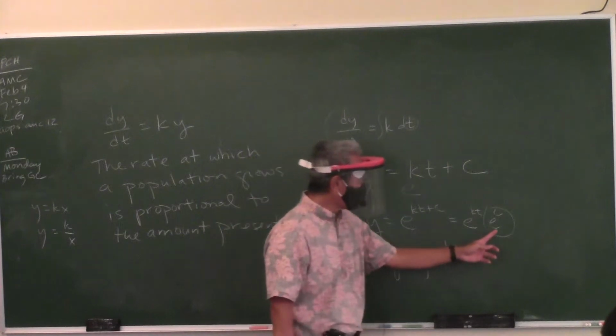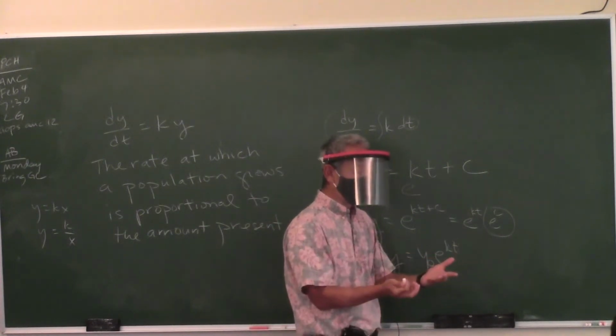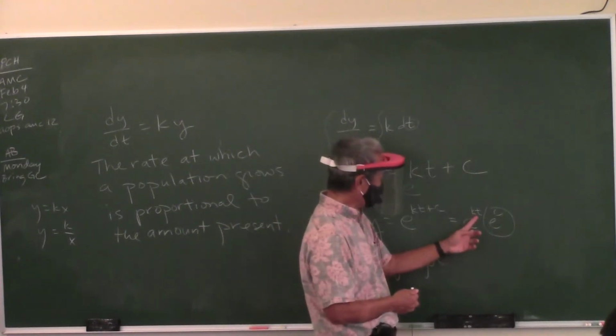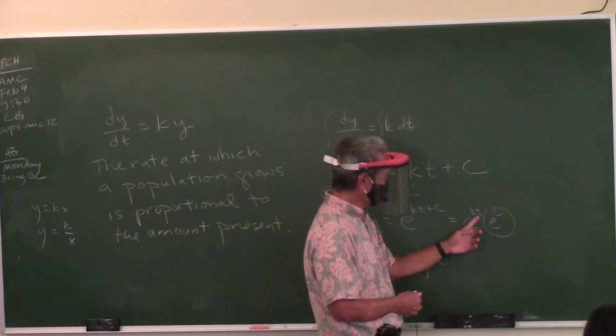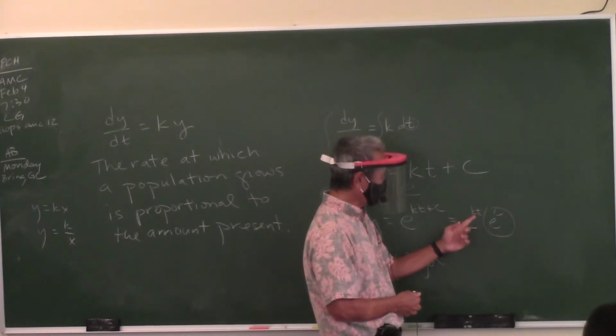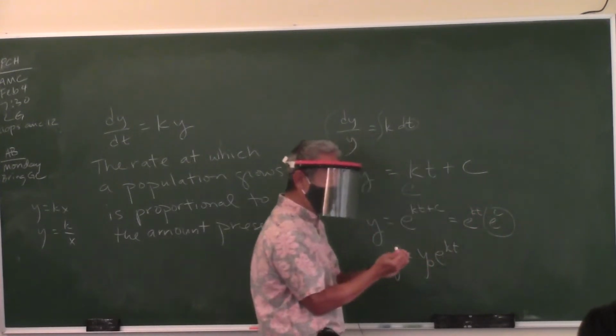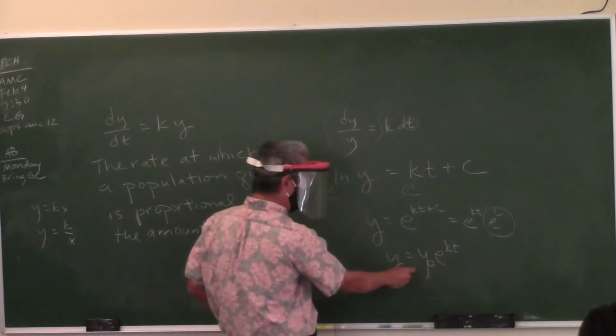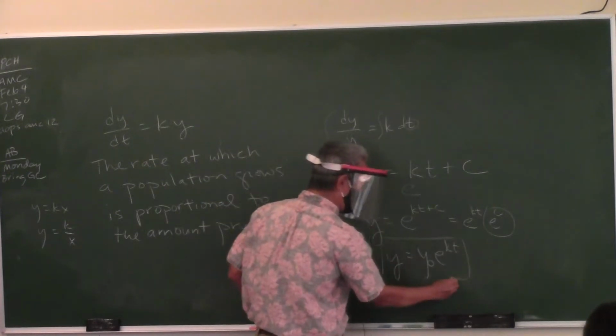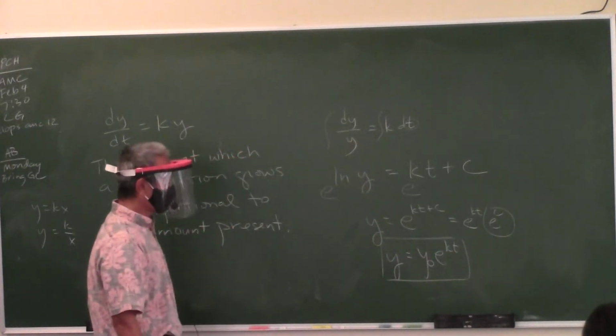Whatever this constant comes out to be, just think about it, when you plug in 0 for t, e to the 0 is 1, and 1 times this is just that. So whatever number you have here, that's how much you have at the very beginning. We call that y naught. So this is the solution to the differential equation.